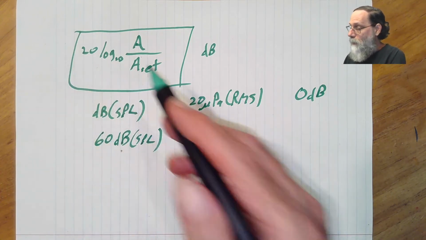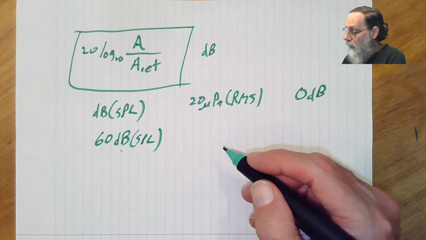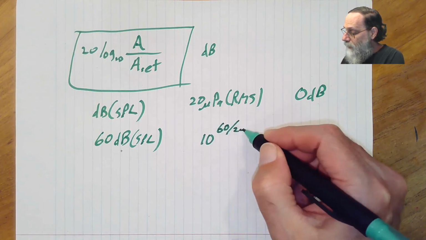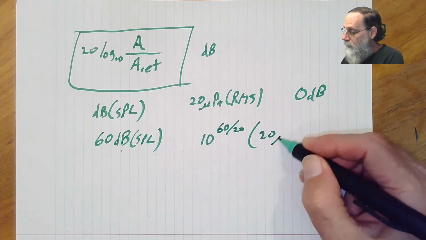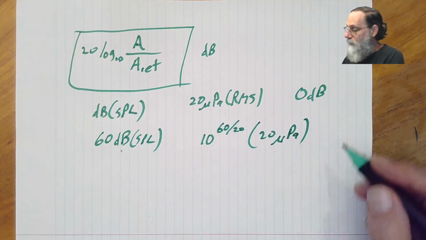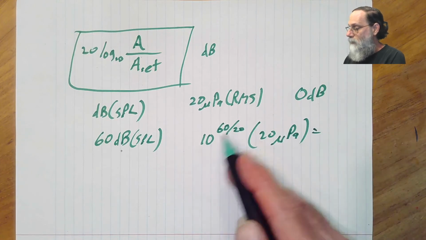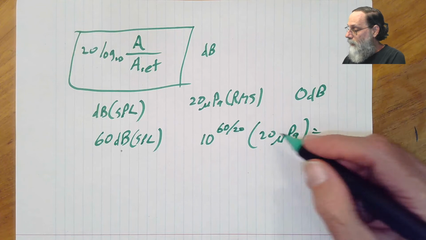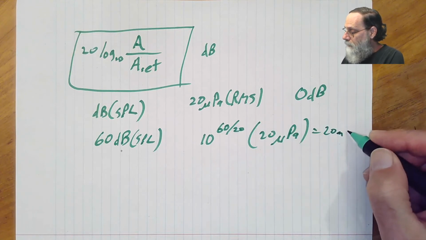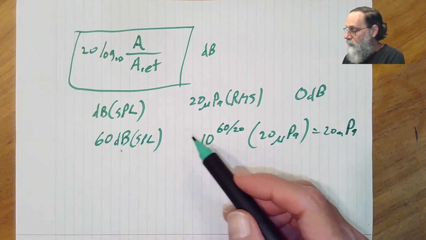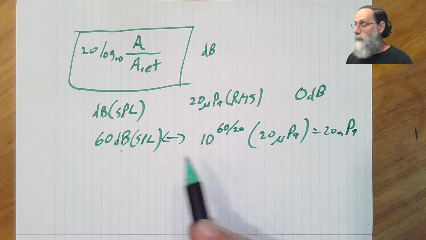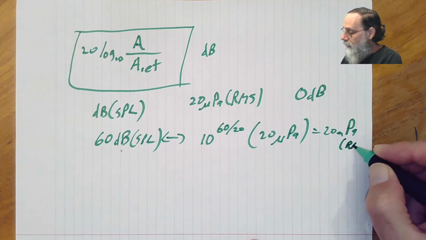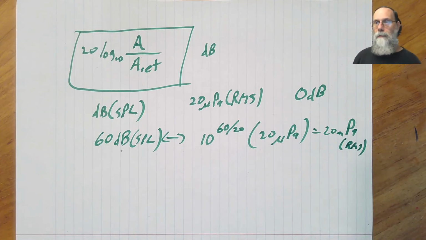Well, we can turn this around and say what we've got is 10 to the 60 over 20 times 20 micropascals. 60 over 20 is 3, so 10 to the third is 1,000. So that's 20 millipascals. So 60 decibels sound pressure level corresponds to 20 millipascals, and again, that's an RMS measure of the sound pressure level.